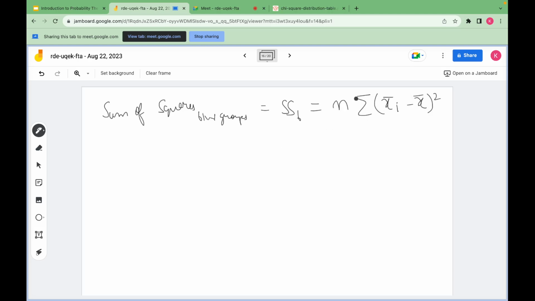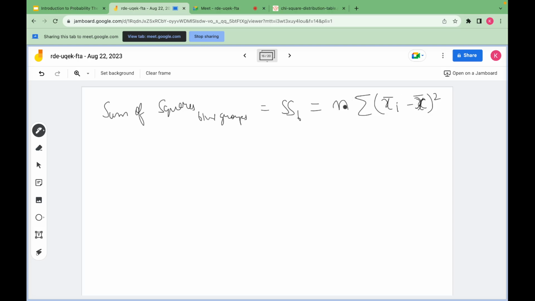So here we are calculating the difference between the average of each group and the whole sample average. This is the average for whole data, this is the group data. So we are trying to identify the variance between the group mean and the whole mean.